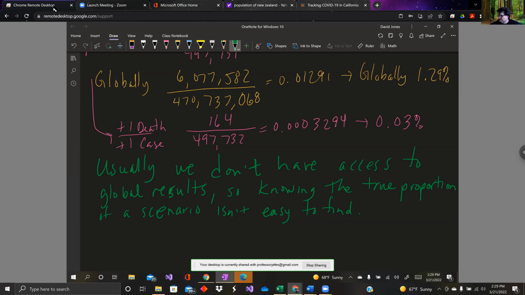So we use samples to try to determine the true proportion.